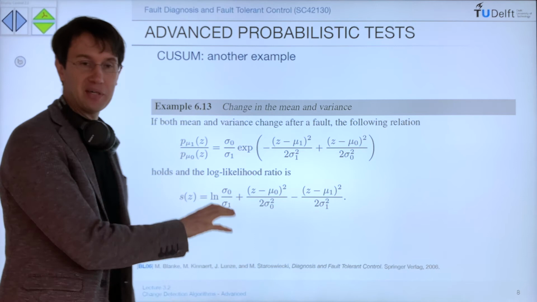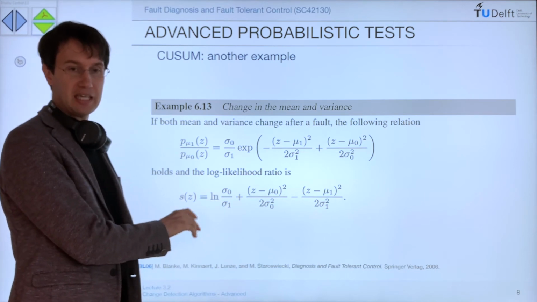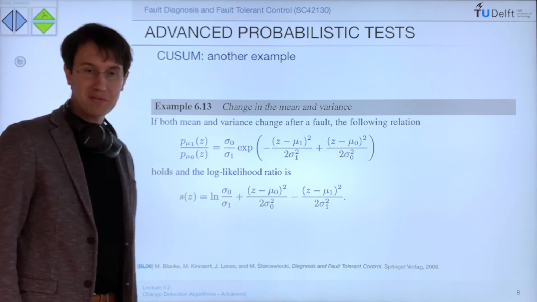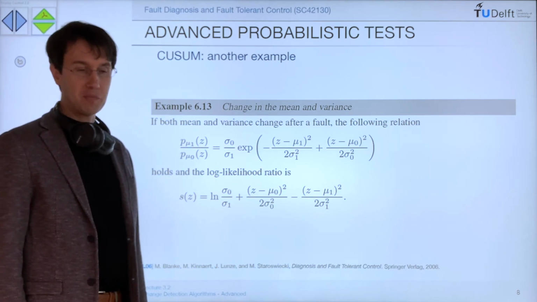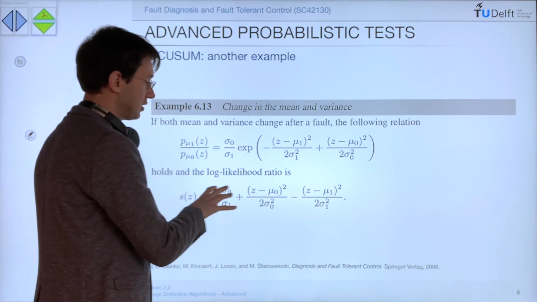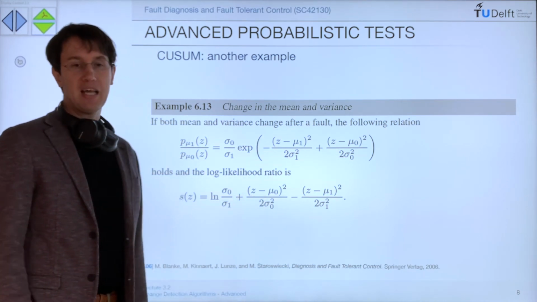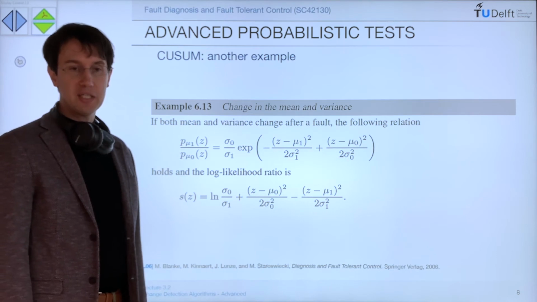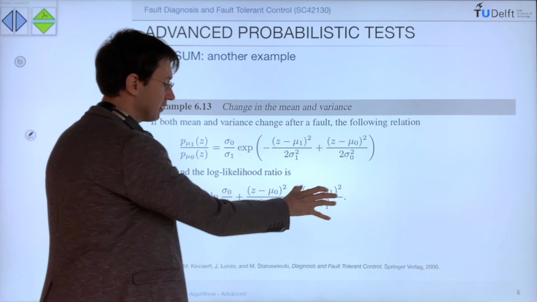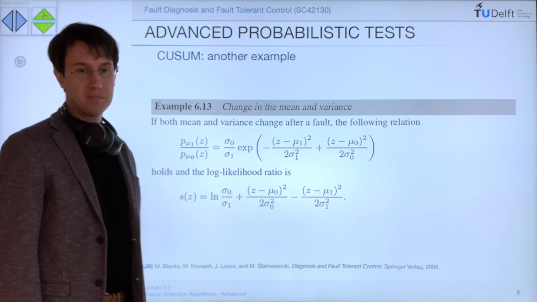Anyway, we were able to compute that for the Gaussian case because we have closed form formulas for the PDF that are not so complex, and we were able to do some simplifications and substitutions. If you have a general distribution, then there is possibly no way of writing s here in closed form.